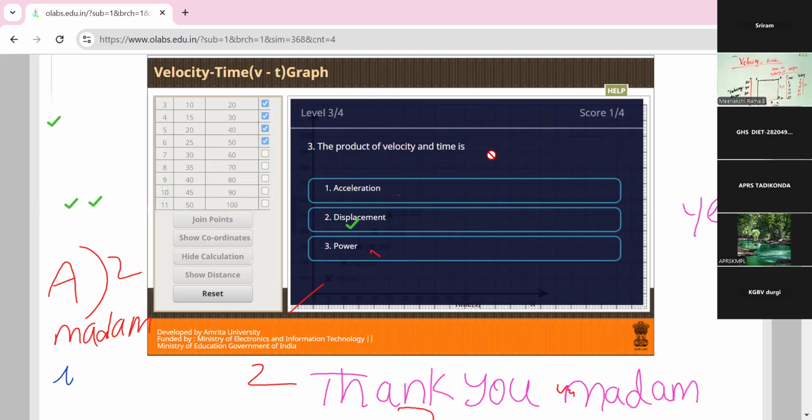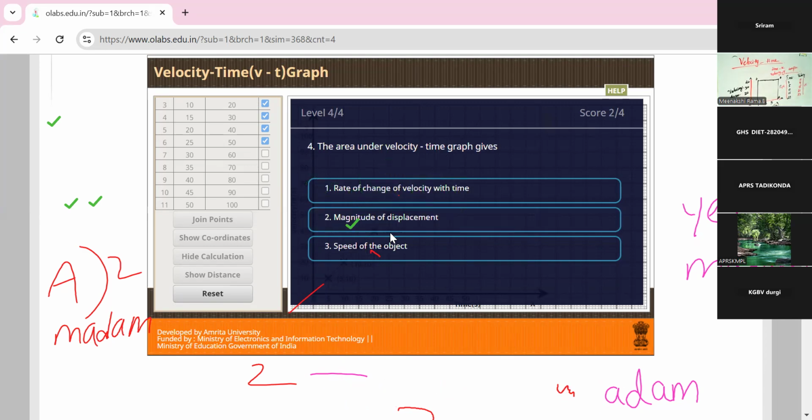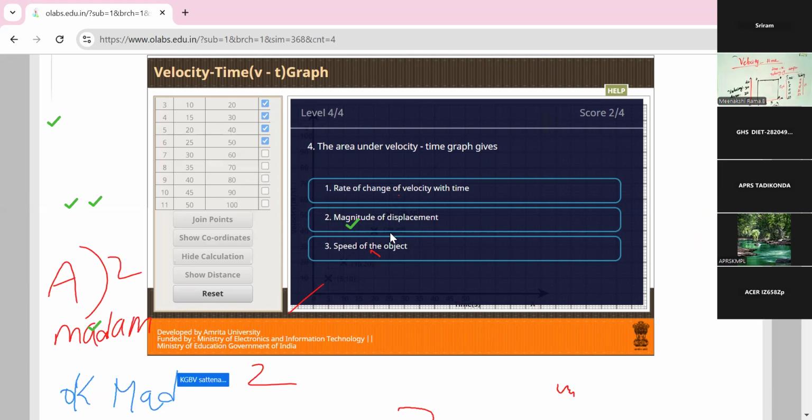The product of velocity and time is displacement. Very good. Yes, that is the right answer. Next one: the area under the velocity-time graph gives what? Rate of change of velocity, magnitude of displacement, or speed of the object?